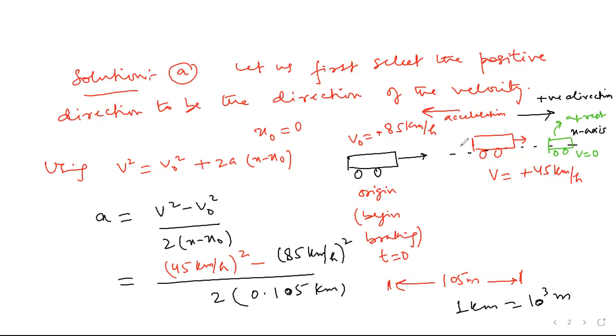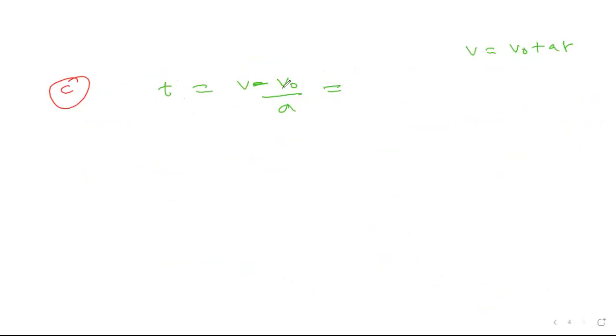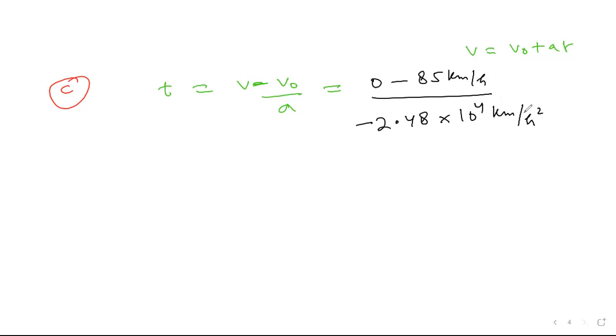Using this equation, final velocity is 0 and initial velocity is 85 kilometer per hour, and I divide by the acceleration, which is assumed to be the same, minus 2.48 into 10 raised to the power 4 kilometer per hour square.